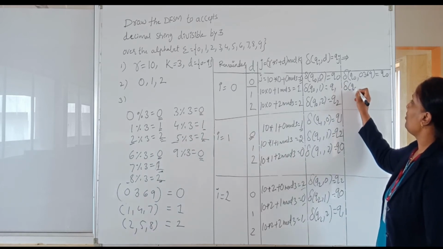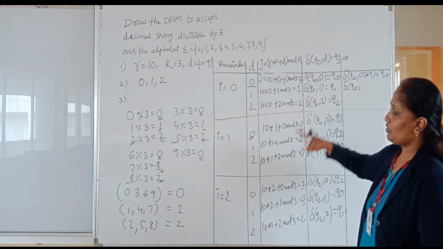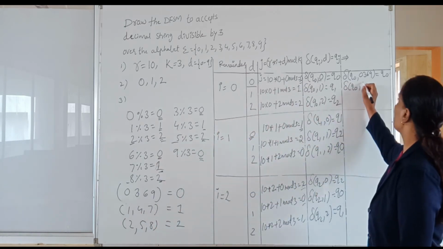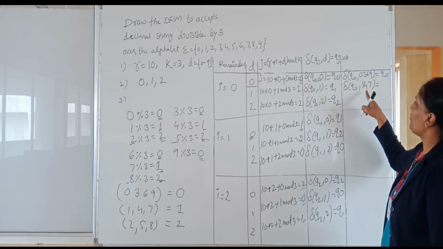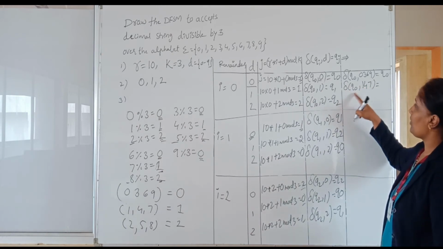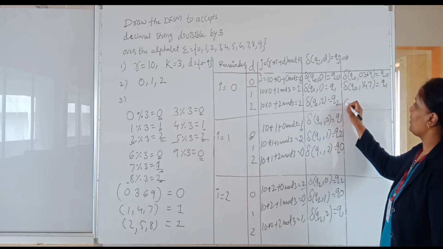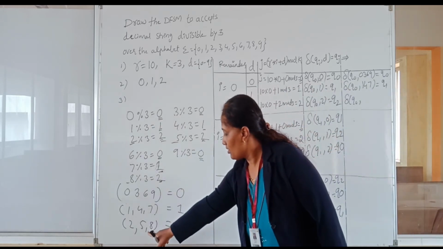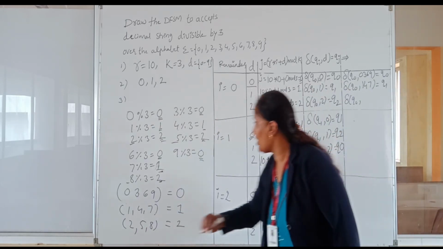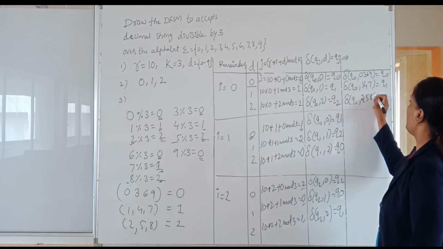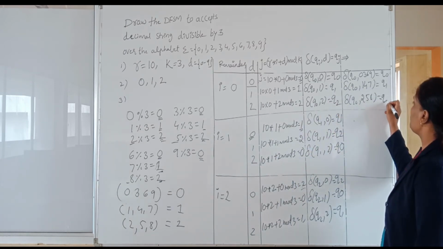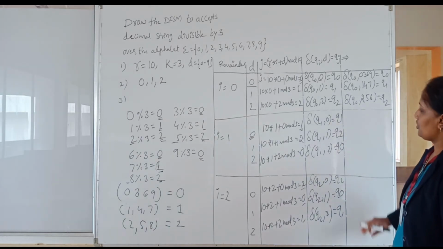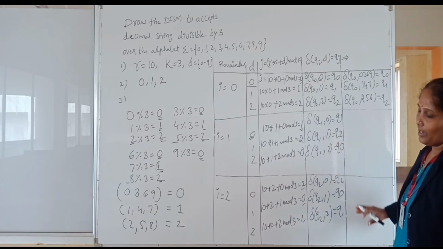Next, Q naught of 1. 1 means the decimal digits 1, 4, 7 are considered. So here I will write 147. After accepting 147 from the Q naught state, I reach the Q1 state. Next, Q naught of 2, which I had written. 2 is nothing but the digits 2, 5, 8. So I will write here 258. After accepting that, I reach the Q2 state. In the same way, you are going to write the transitions for I equal to 1 and I equal to 2.